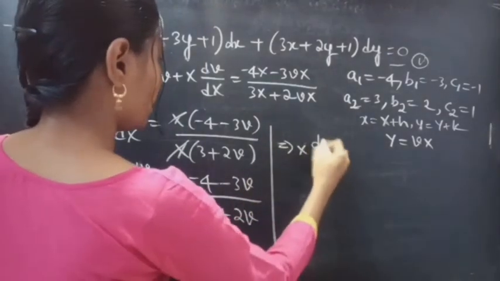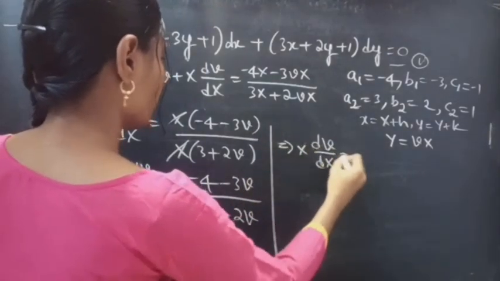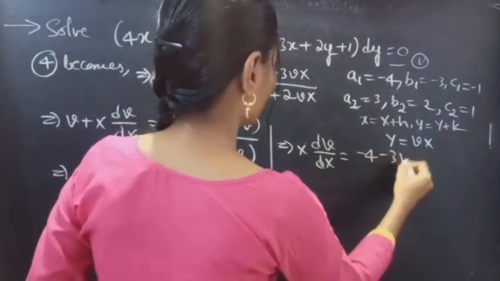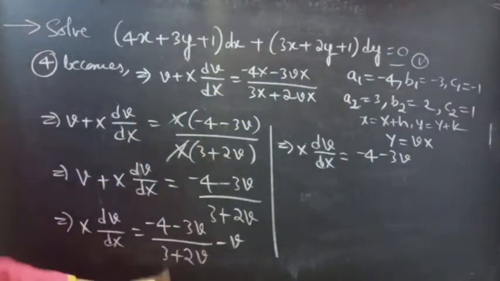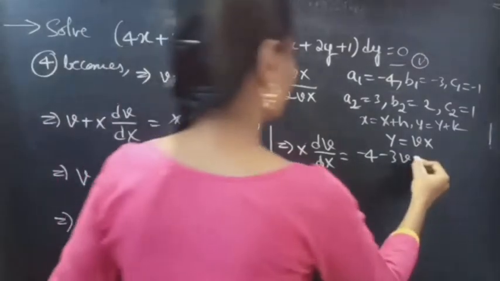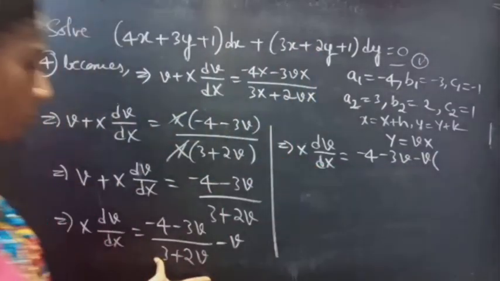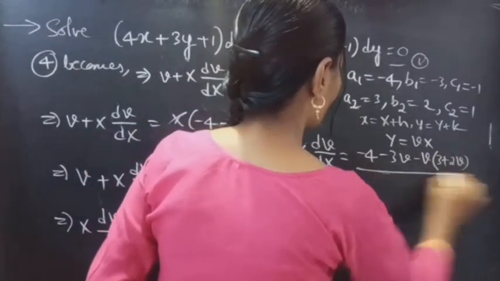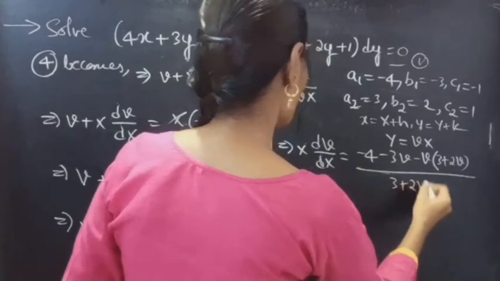Then x into dv by dx equals minus 4 minus 3v minus v times the denominator 3 plus 2v, by 3 plus 2v. Simply we'll take the LCM.